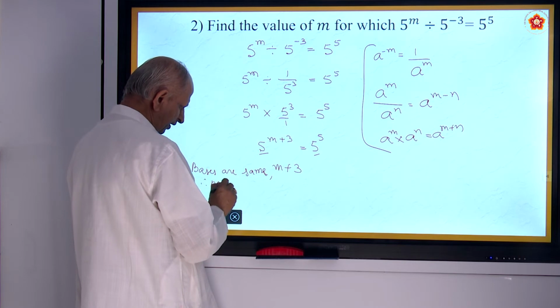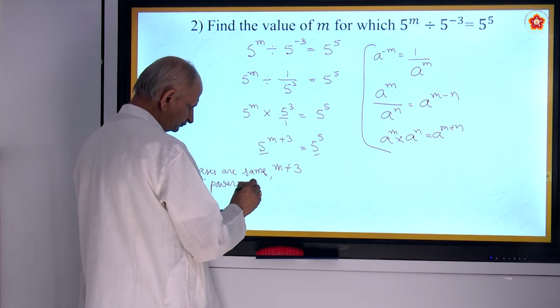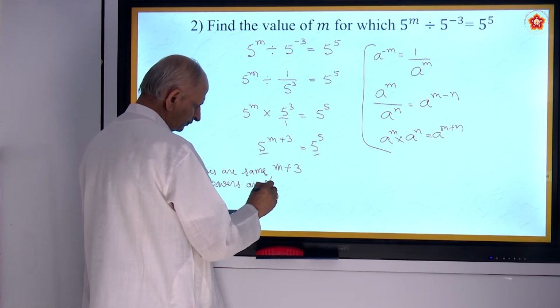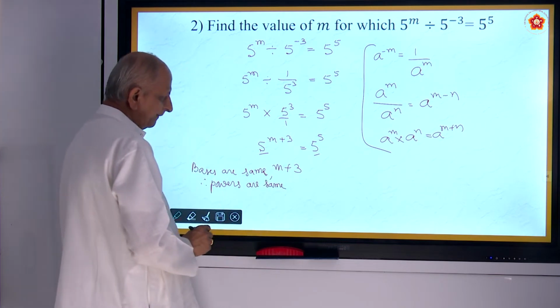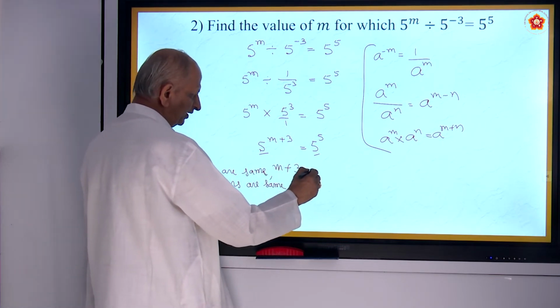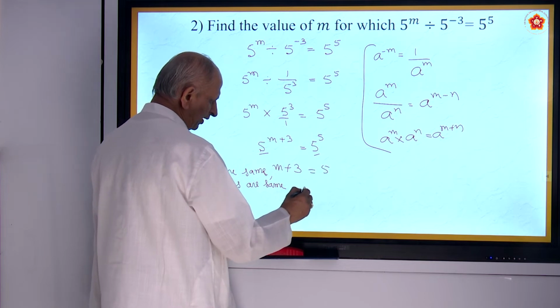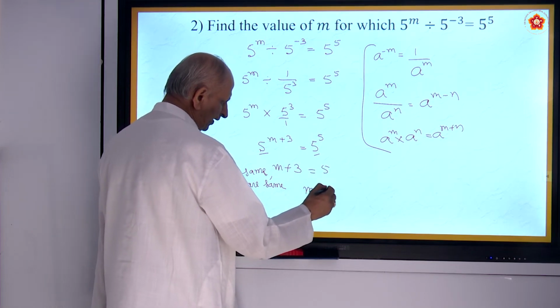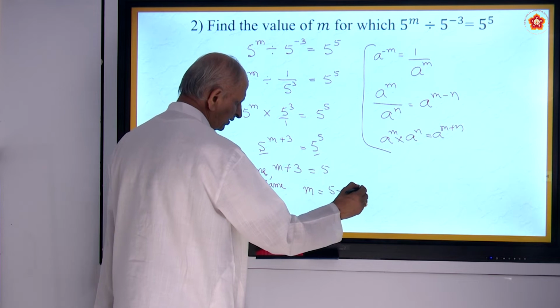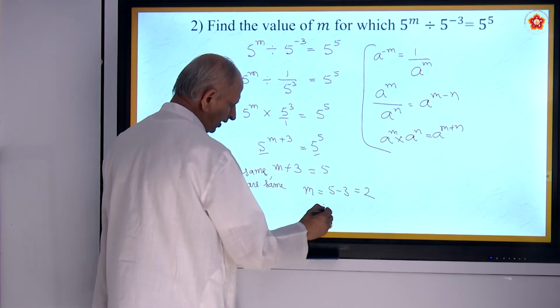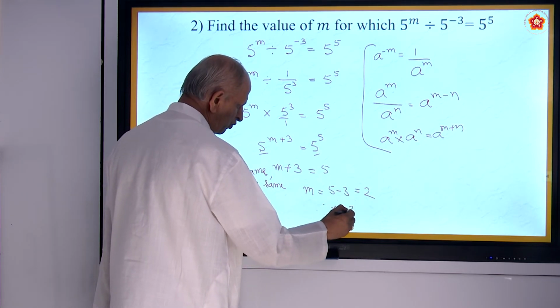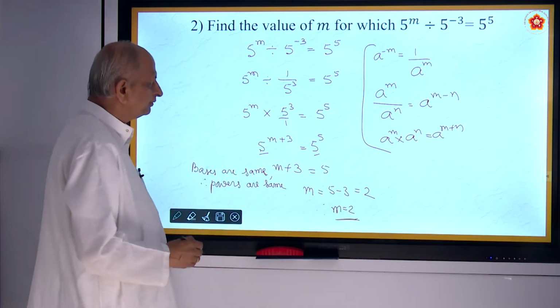Powers are exponents. So we are comparing the powers now. M plus 3 is equal to 5. M is equal to 5 minus 3, that is equal to 2. So for value of m is equal to 2, the answer holds good.